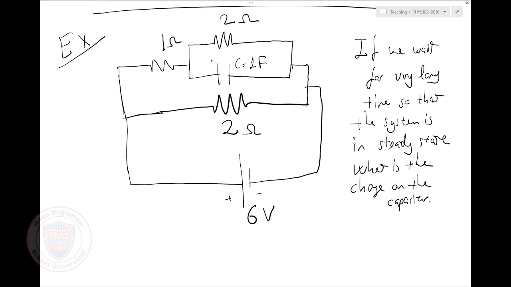So I actually hooked up my capacitor to the circuit and I wait for a very, very long time so that the system is in steady state. What would you understand from steady state? No current in circuit. Well, not really, right? Obviously there is a voltage source there.